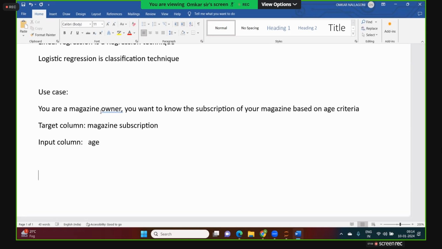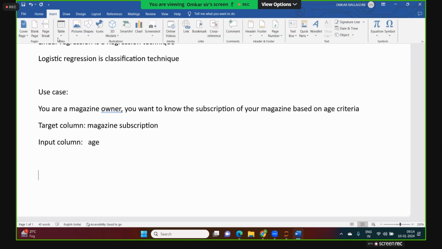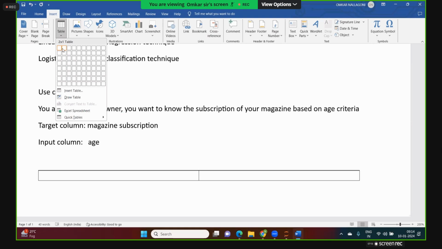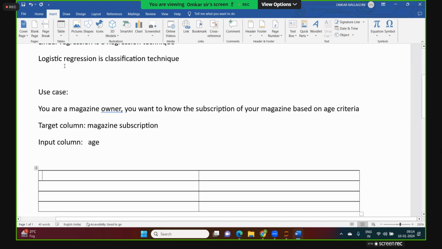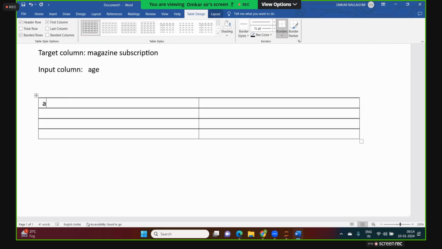It looks like this. There is an age column here and a magazine subscription column here. Suppose age is equal to 30 years, the answer might be yes.